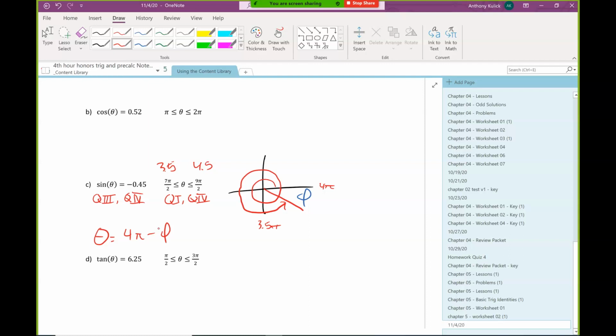Okay. So if I do that, I type into my calculator 4 pi minus sine inverse of the absolute value of 0.45. I'm in degree mode, so that doesn't help.